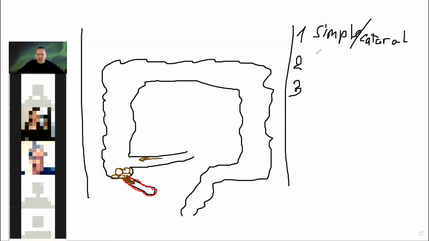Sorry, so I will write like that. Catarrhal, simple. Then we have infiltrative, and we have serous inflammation.